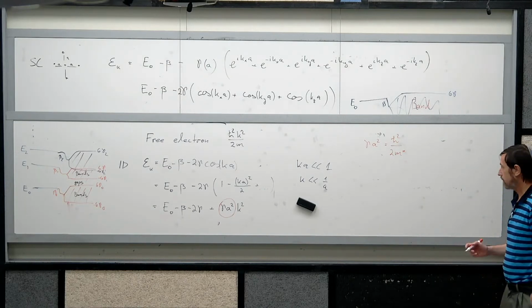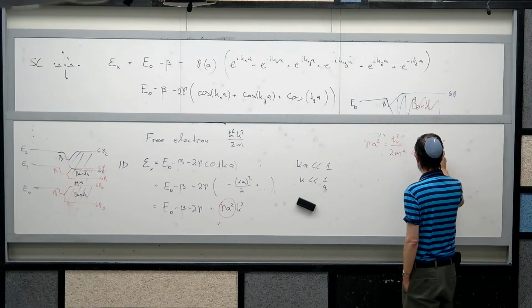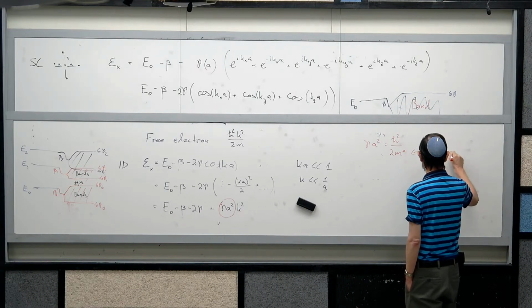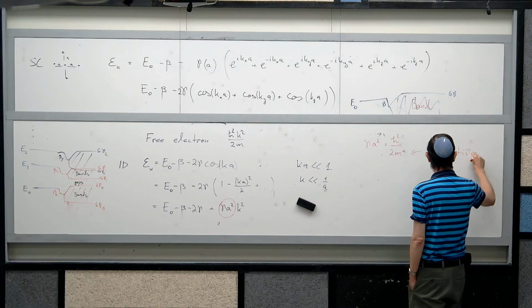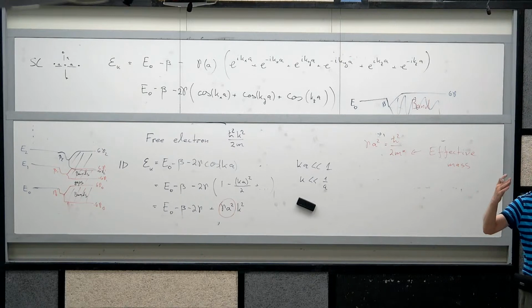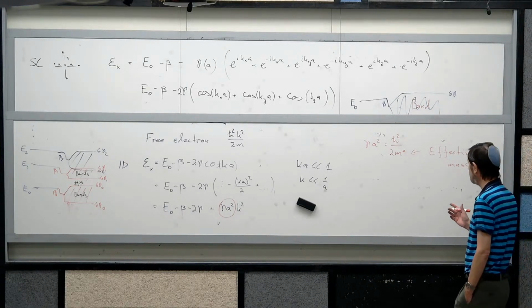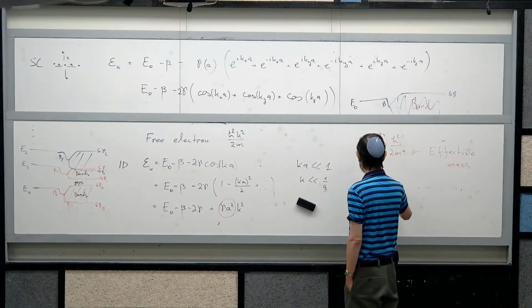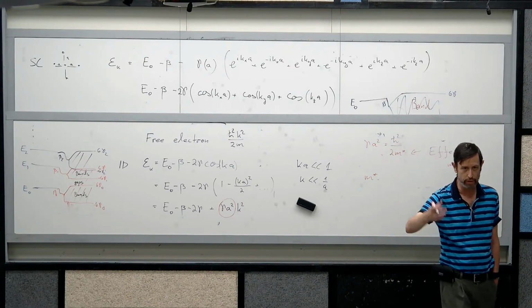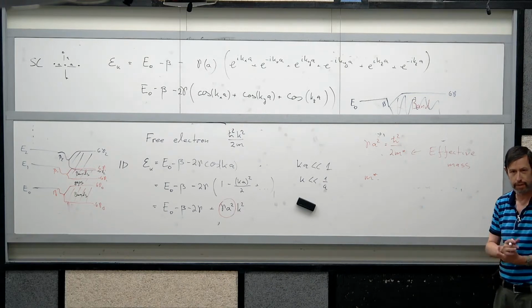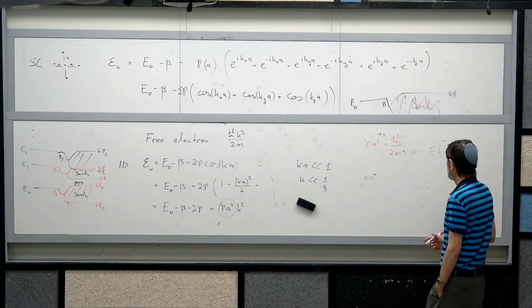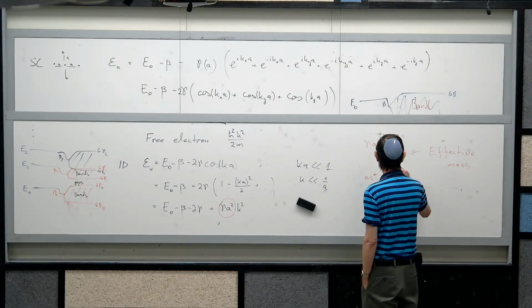to ħ squared over 2m star, where m star has a name: an effective mass. If I look at the spectrum of these electrons in the lower part of the band, they behave as a free electron with one small difference, that its mass is not the electron mass as we know from particle physics, but is given by this.